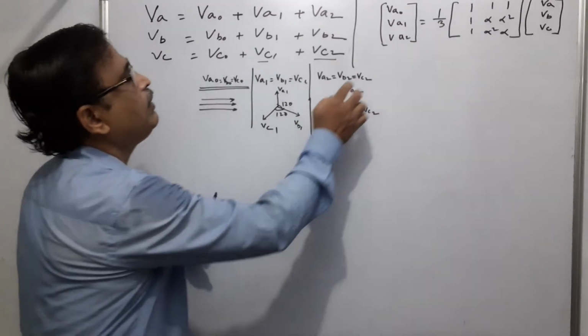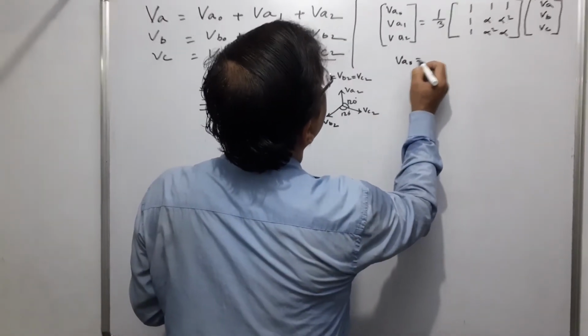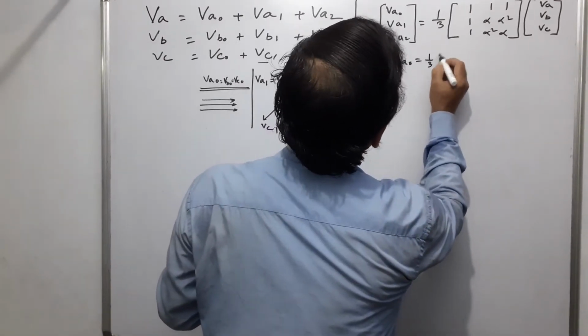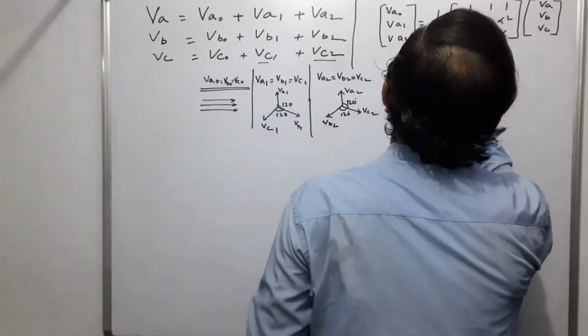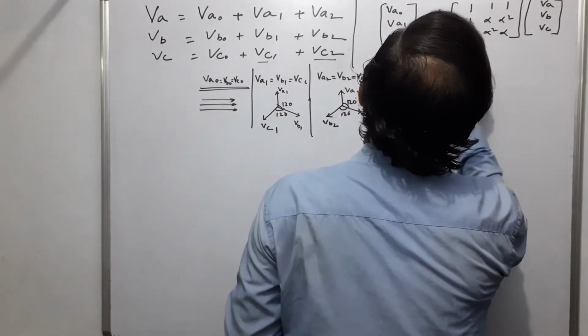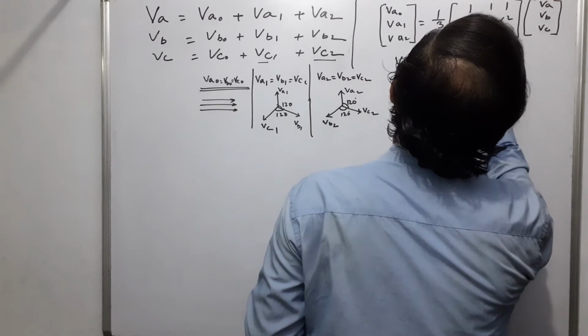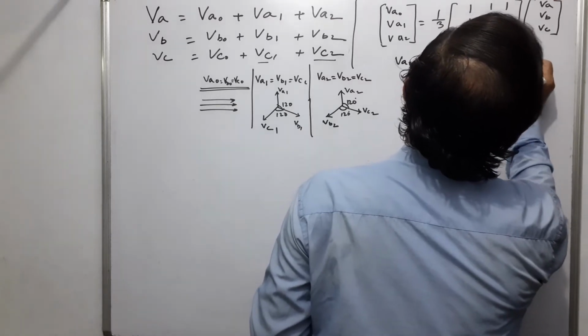From here we can say VA0 is equal to 1 by 3 times VA plus VB plus VC.